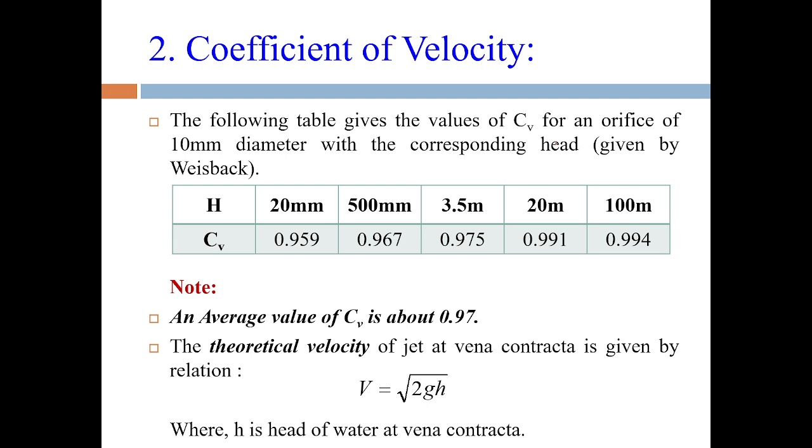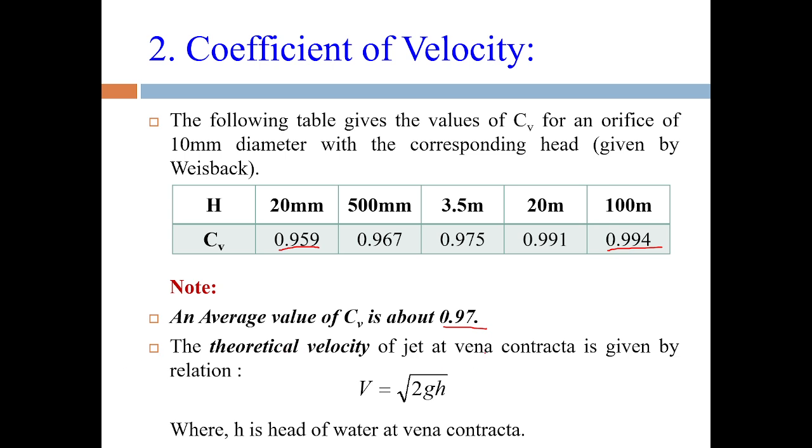If head increases, you can see the difference in CV. If you have 20 mm head, CV is 0.959, and if head is more, 0.994. So head increases, CV increases. Its average value is 0.97, close to 1.